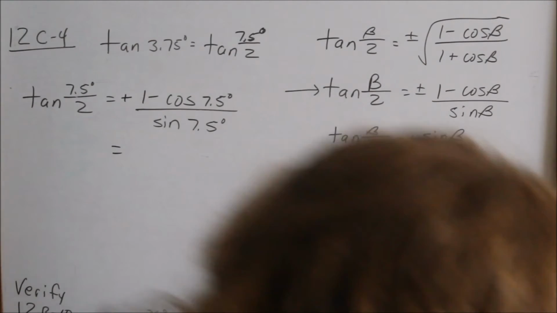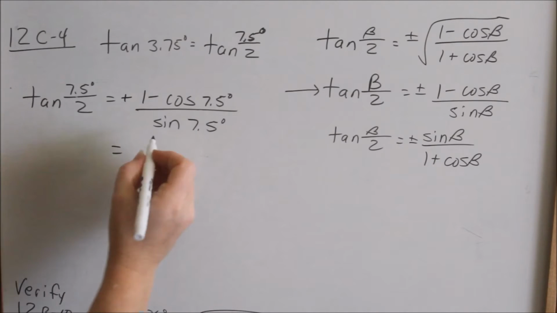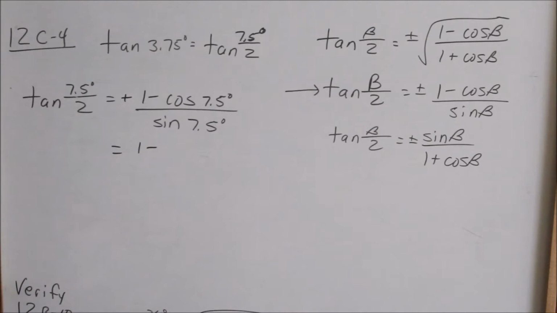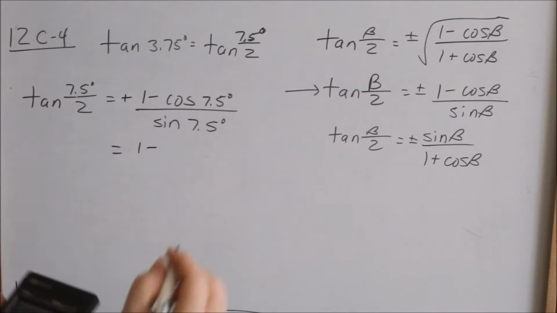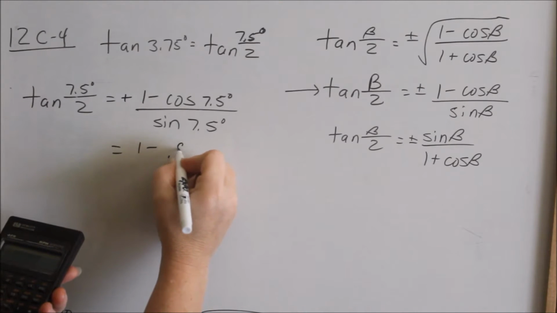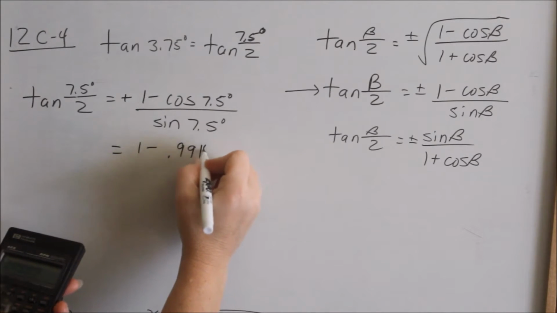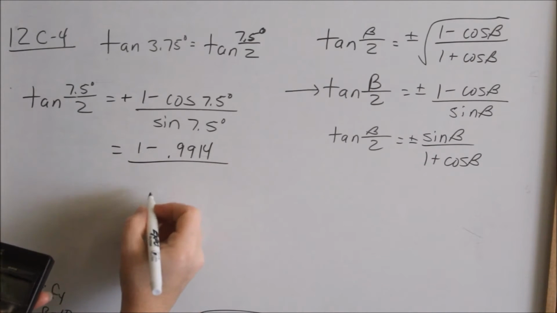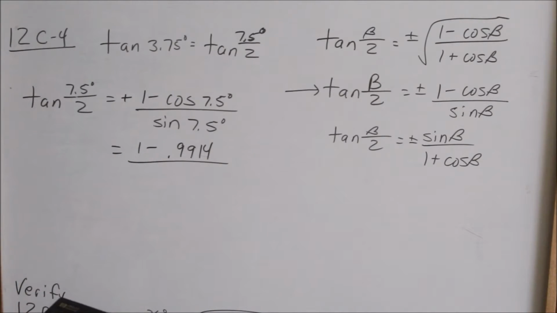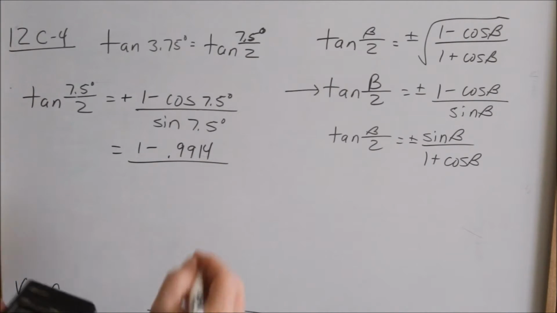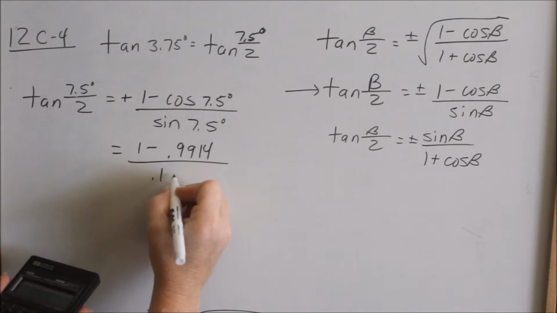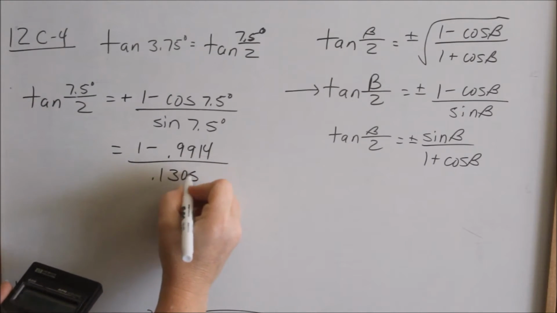So this is where we get to use our calculator. 1 minus cosine of 7.5 is 0.9914, taking that to 4 decimal places. And then sine of 7.5 is 0.1305.